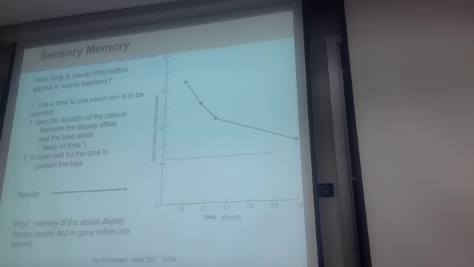So this is why the memory for the actual display decays very rapidly and is gone within 1 second. This is just saying that the dotted line is what you expect people to do when they do the whole report task, which we're just consistently bad at, no matter how long the delay is.